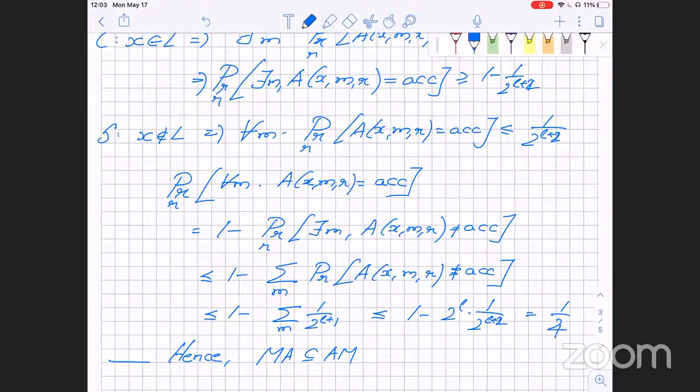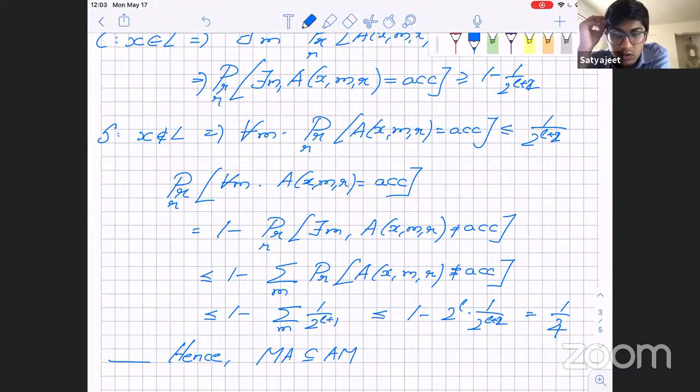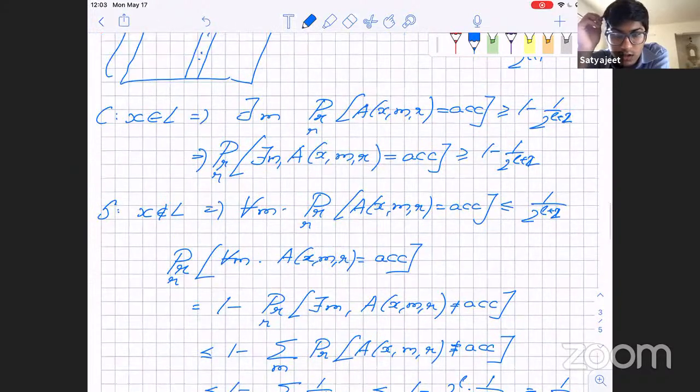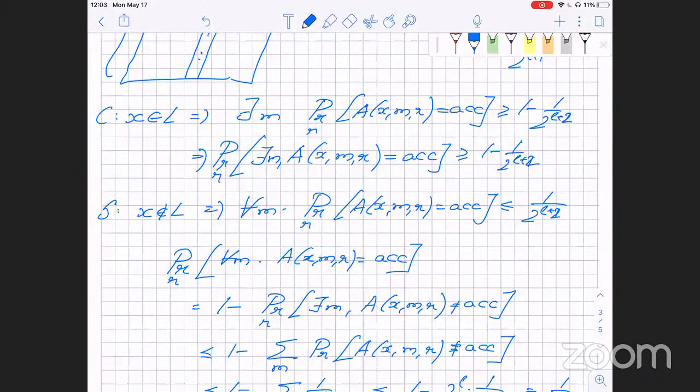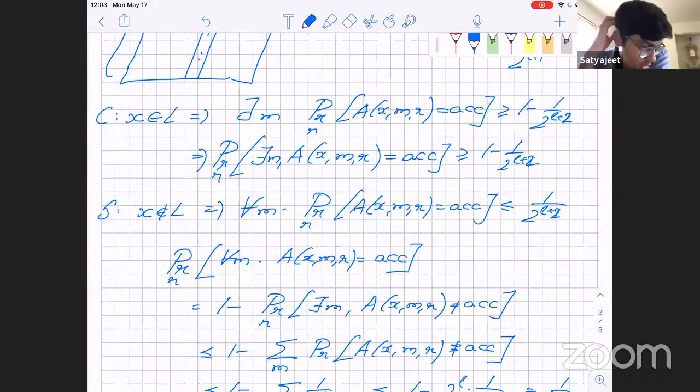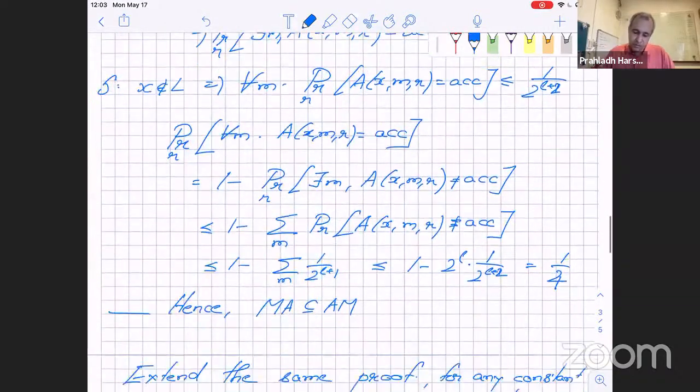So you're in good shape. Then in the completeness condition, you defined it as 2/3, right? Yes, but it's even better. It's 1 minus 1/2 to the L plus 2. It is much better than 2/3. Yeah, okay. It's far better than 2/3.